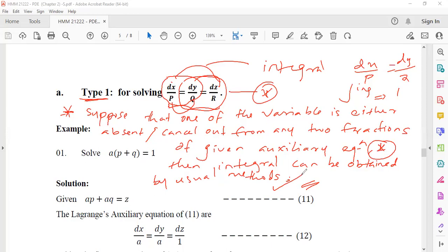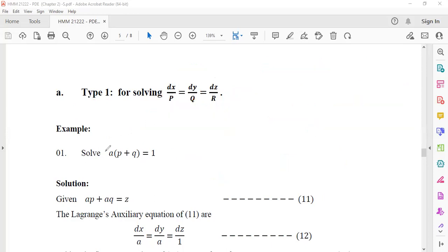Okay, let's move to the examples as given. I'll erase this one. Now let's see this example. Is that in the Cauchy linear form? If so, in what form?